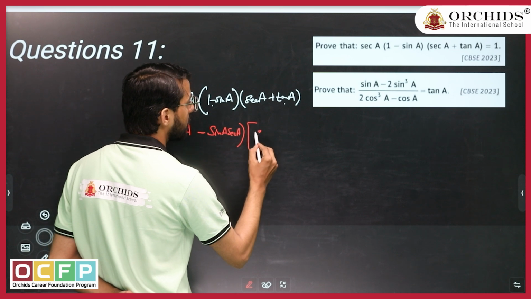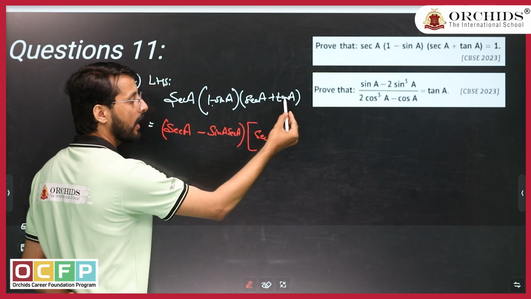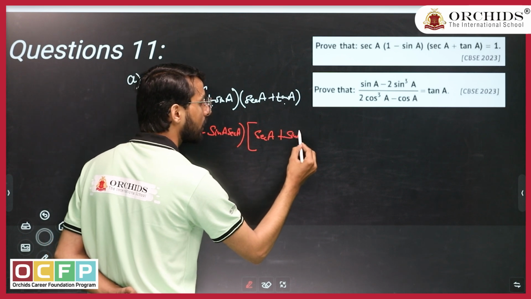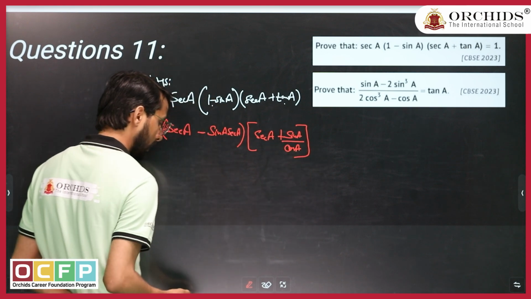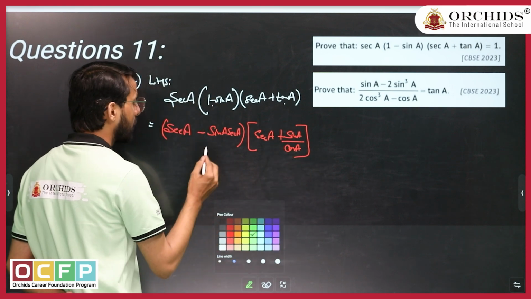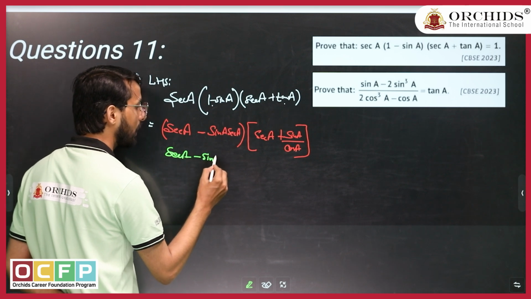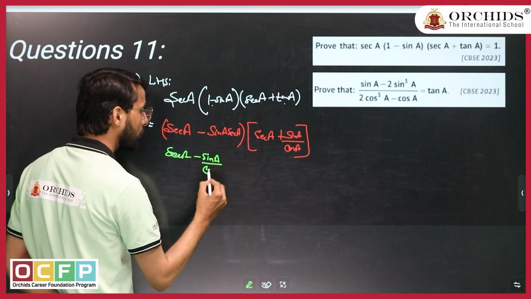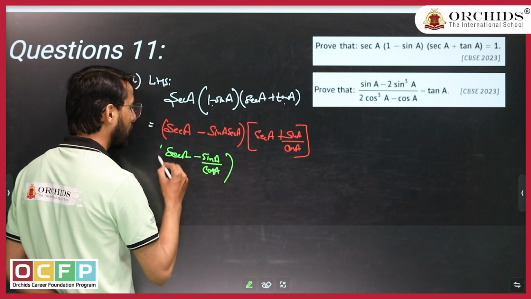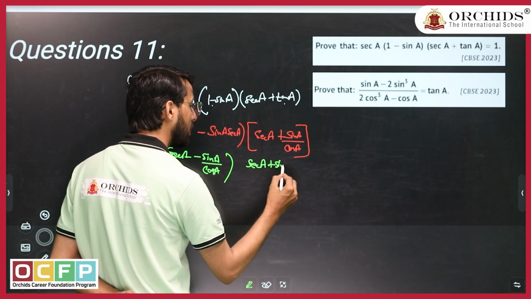The second bracket is secant A plus, instead of writing tan A, I am writing tan as sin A by cos A. Now what can I do in the next step? Can you see something? Secant A minus sin A, and this secant A I can write as 1 by cos A. Now I can see both the brackets look the same.